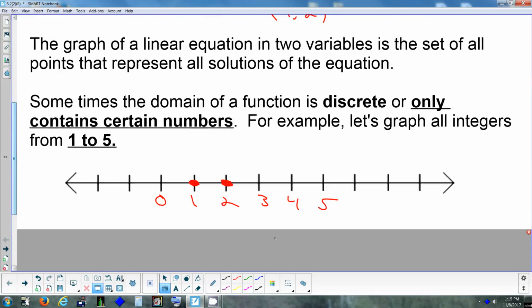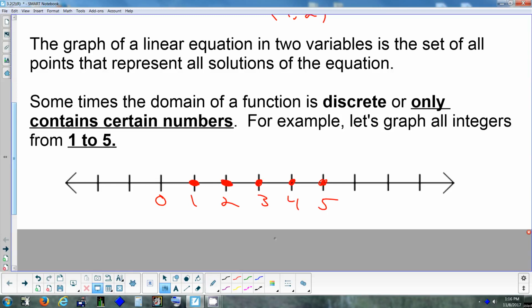If I lift what I'm writing with, I'm skipping stuff. 3. Skipping everything between 3 and 4. Skipping everything between 4 and 5. That is discrete because you skipped things. You skipped 2.1, 2.2, 2.4, 2.7. Anytime you skip and you only have certain numbers, that's discrete.